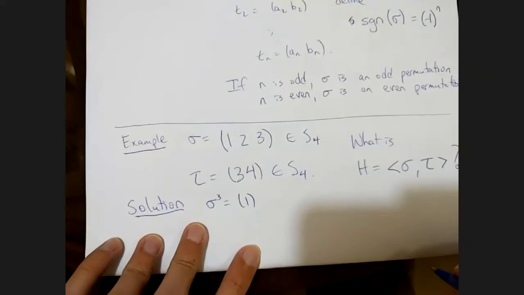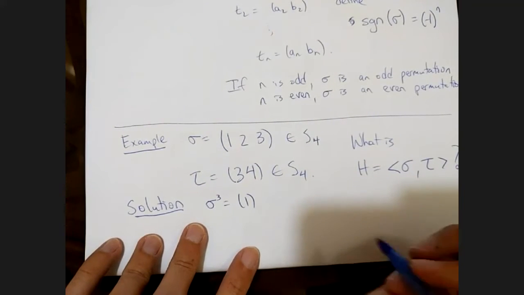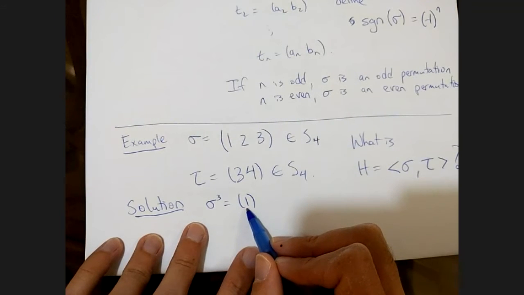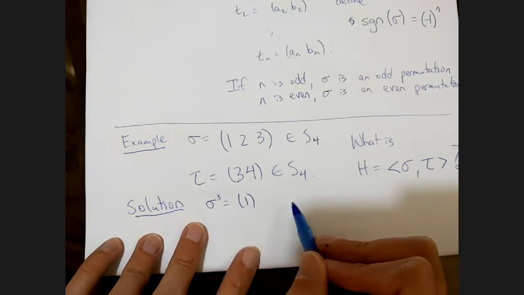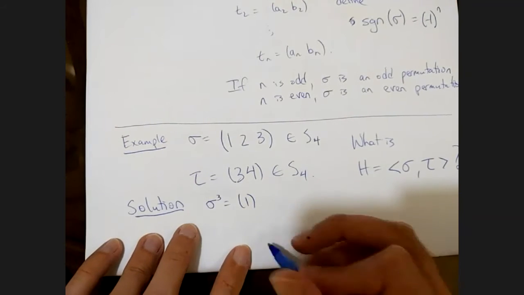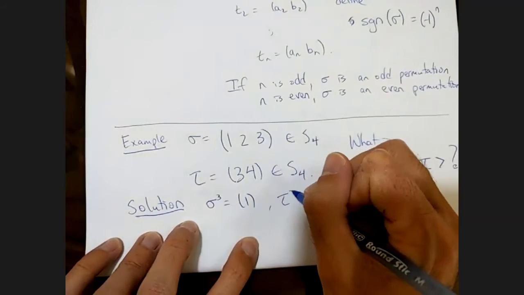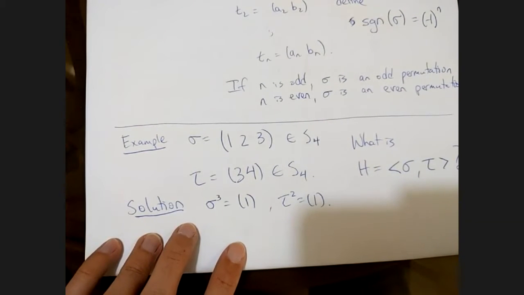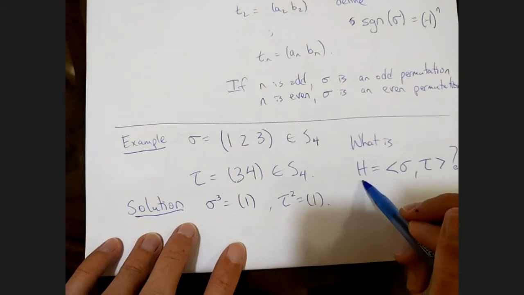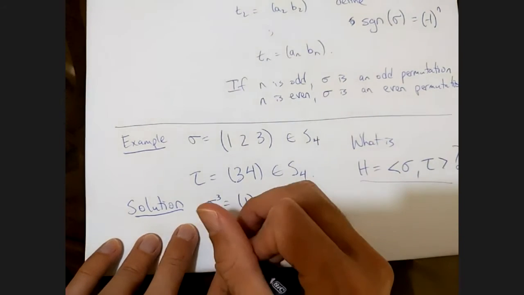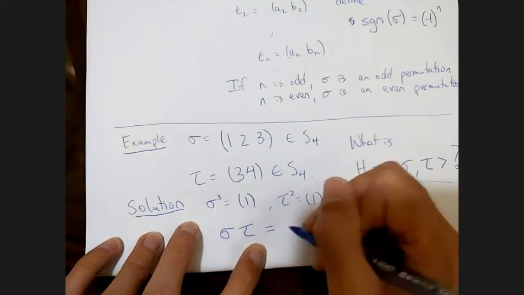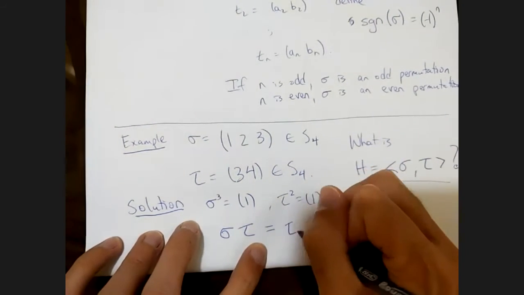The identity we'll just write like 1 in brackets, meaning it's the cycle that sends 1 to 1, 2 to 2, and so on. And now to compute in this subgroup, we need to know what's the relationship between sigma tau and tau sigma?